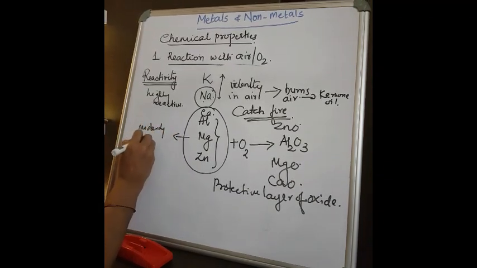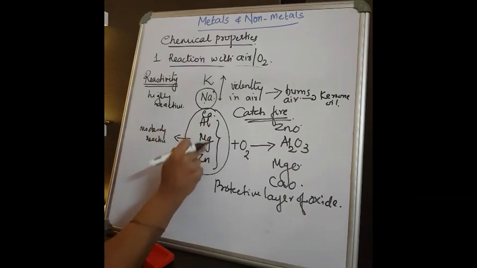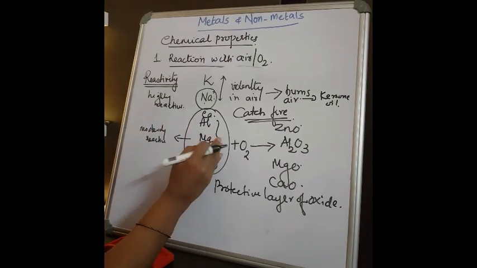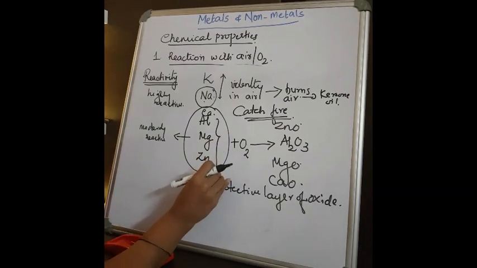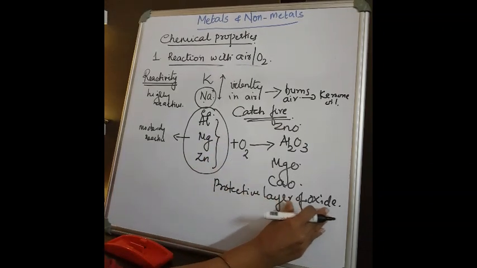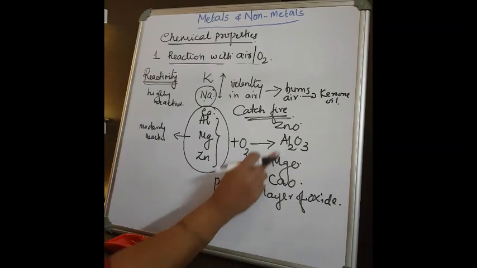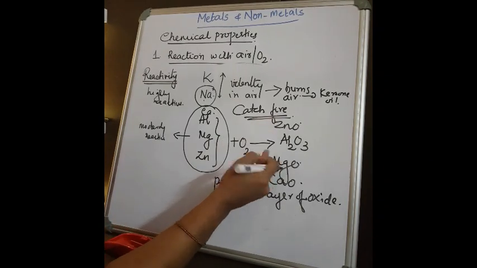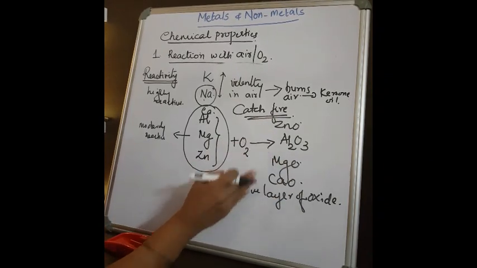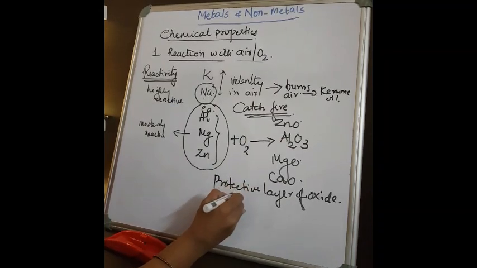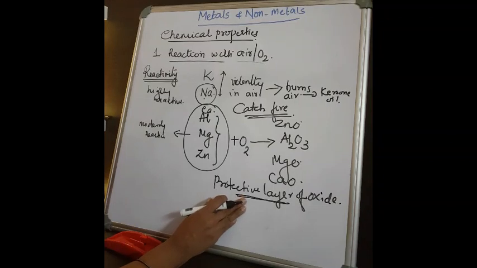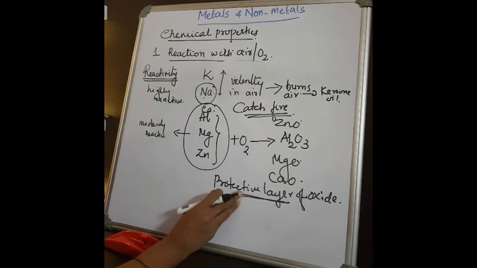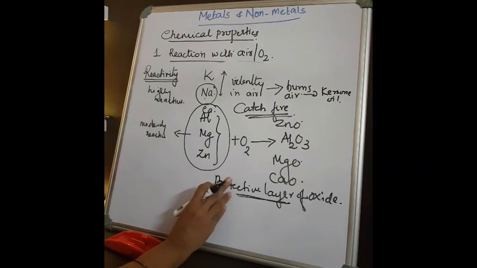These metals react with oxygen in the atmosphere, forming initially a protective layer of the corresponding oxide like aluminium oxide, zinc oxide, lead oxide, magnesium oxide, etc. Now, what is the peculiarity of this protective layer? Here I can mention that this protective layer will prevent further oxidation.